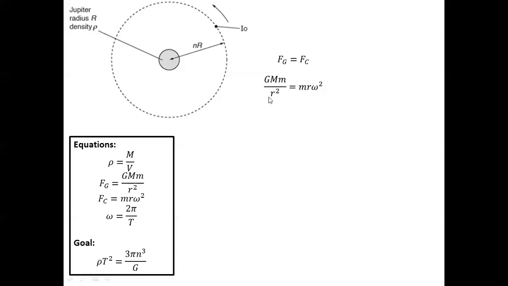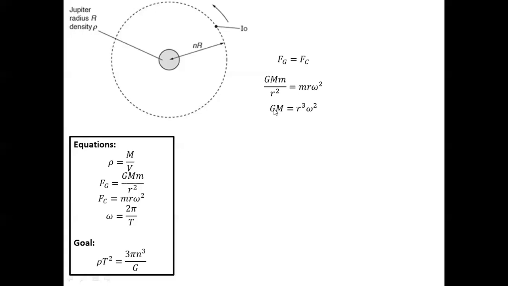On the other hand, the r here is the center-to-center distance from Jupiter to Io, while this r is the orbital radius. So in this scenario, since Io is revolving around Jupiter, these two r's will mean the same thing. So we can actually combine them. We now have this equation. GM is equal to r cubed omega squared.